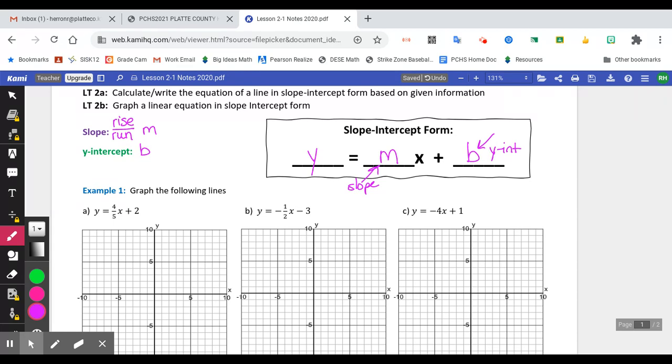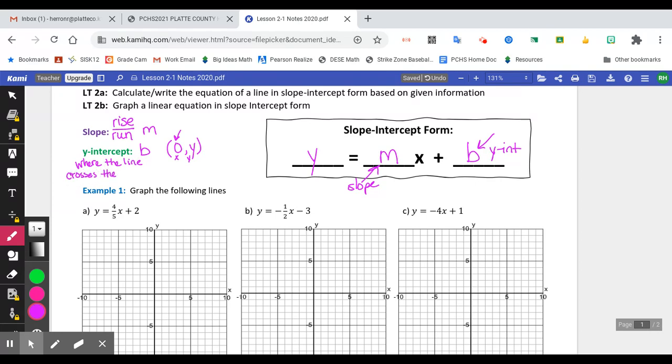Your y-intercept is where it crosses the y-axis, so as an ordered pair, you're always going to have 0 in the front because you'll be on the y-axis. That's your x value, and then your y value will be any number that you substitute in for y. So this is your y-intercept. It's where the line crosses the x-axis.